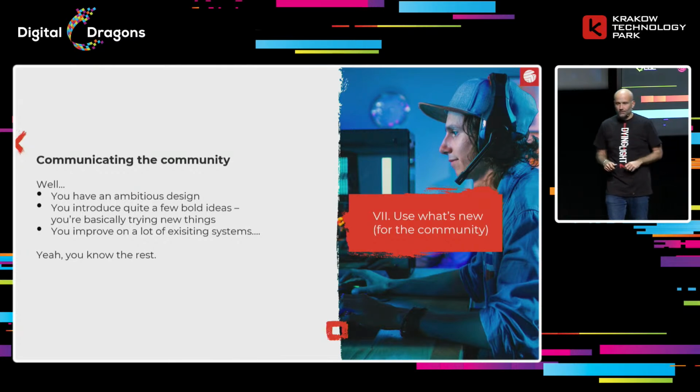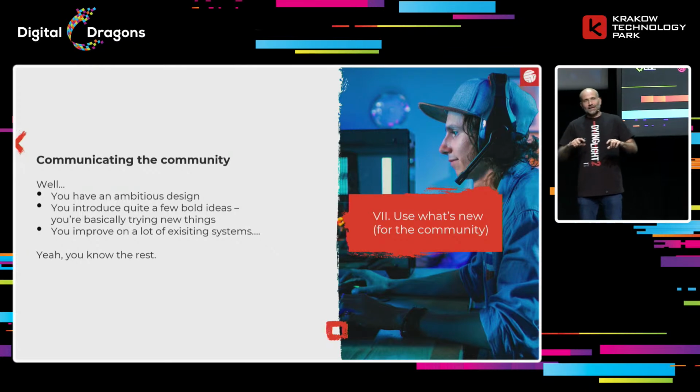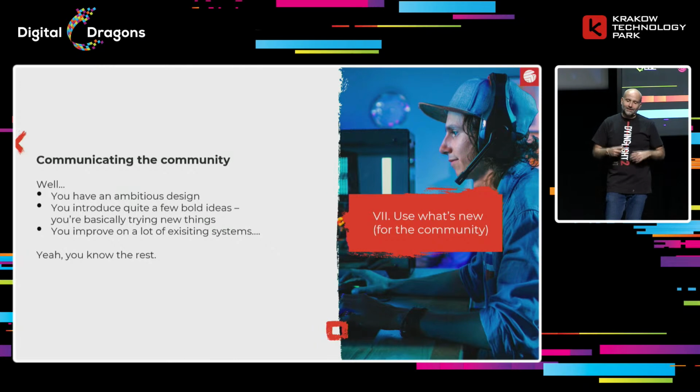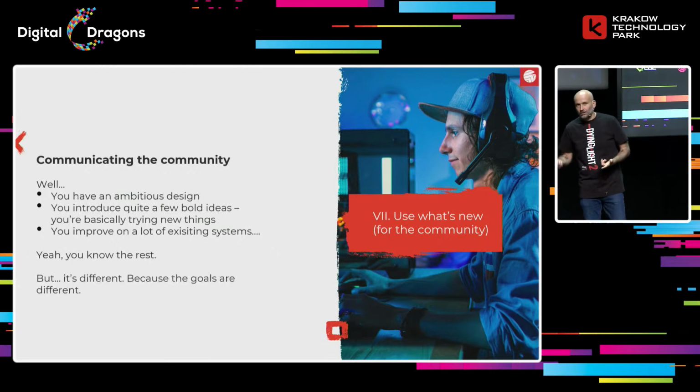This is the funny anecdote or interesting tidbit from the late production: when you communicate with your gamers, of course, you have the ambitious design, introduce quite a few bold ideas, you improve on a lot of existing systems, the things you saw on a previous slide, but when you talk to the community, I think the approach should be different.